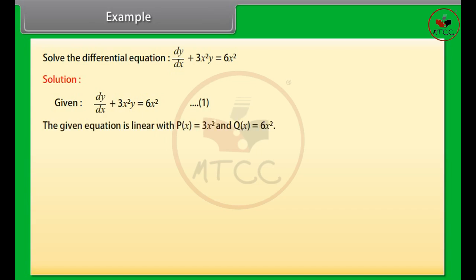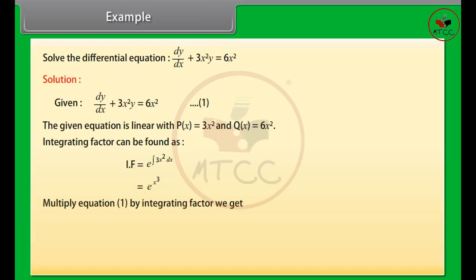The given equation is linear with p of x equals 3x square and q of x equals 6x square. Integrating factor can be found as I.F. equals e raised to the power integral of 3x square with respect to x equals e raised to the power x cube.